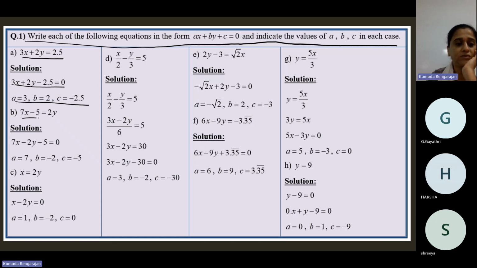So see here, this equation. Take the y term to the other side, so it will become minus 2y. Then write out the values of a, b, c. What's the standard form with which you will be comparing?